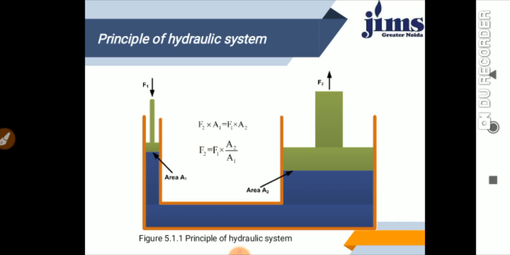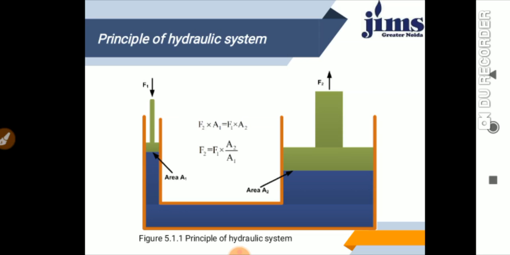Let us suppose we have receptacles where the fluid is filled inside, and we have a two piston cylinder assembly. At the left narrow end we are providing the force F1. It will compress the fluid if you apply the force in the downward direction.